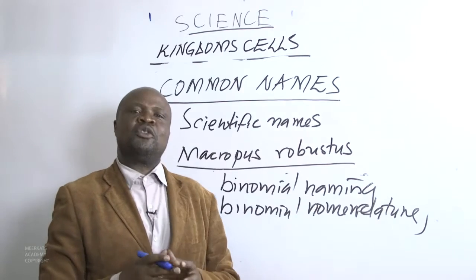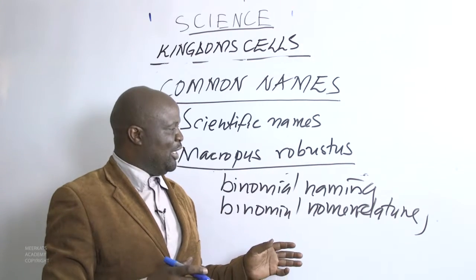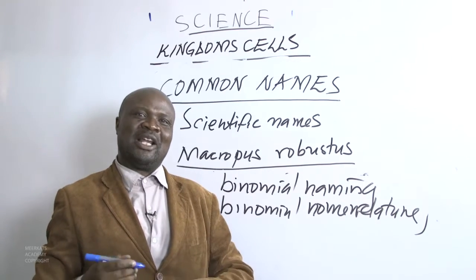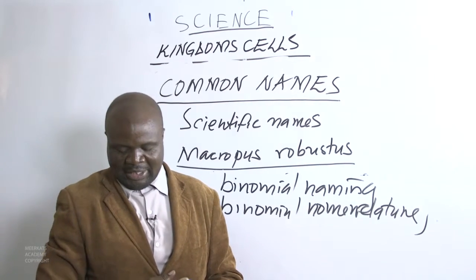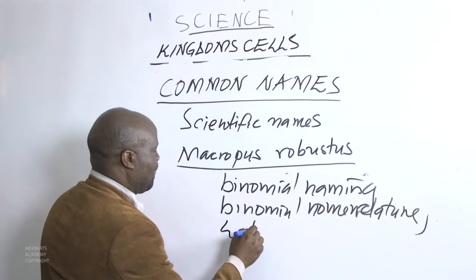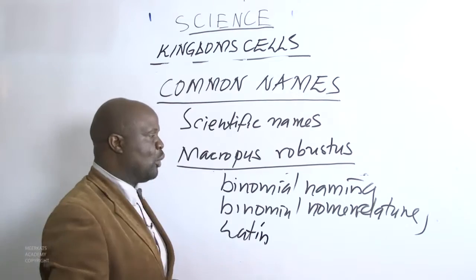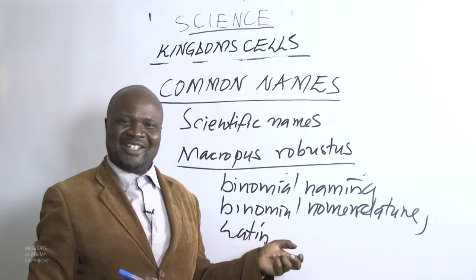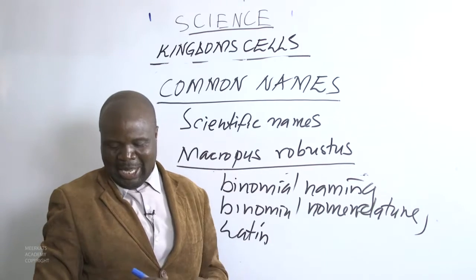So if we use a spoken language for naming organisms, it will be difficult, because it will change. They discovered that the Latin language was the most appropriate to use when naming animals, because Latin is mostly written and not spoken.